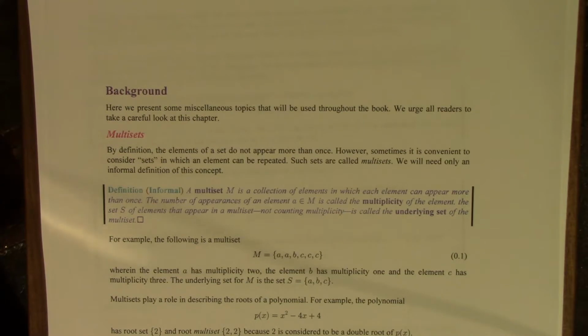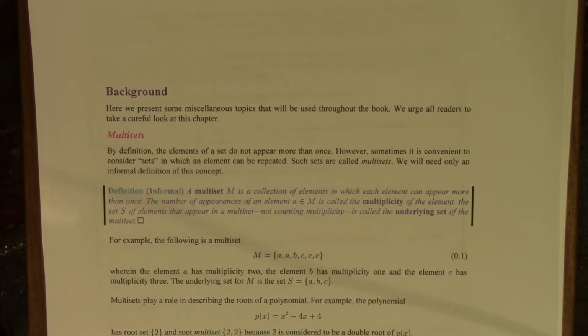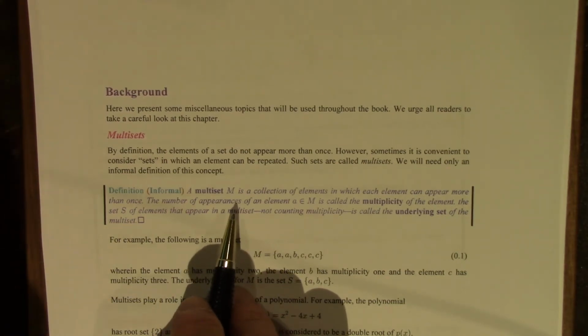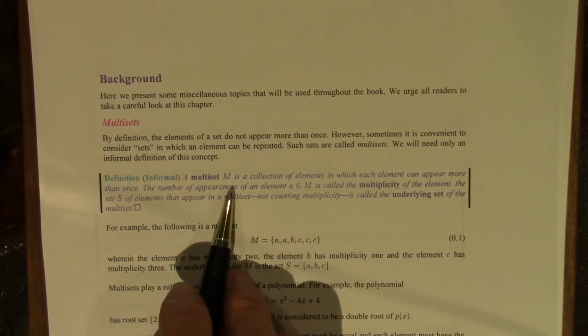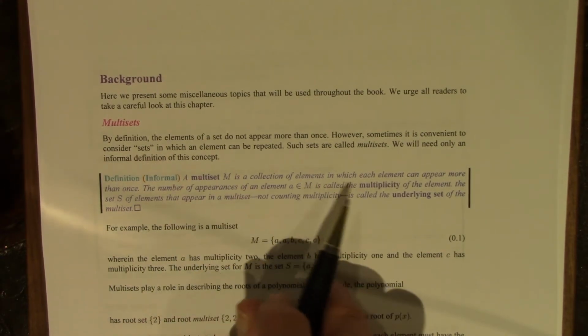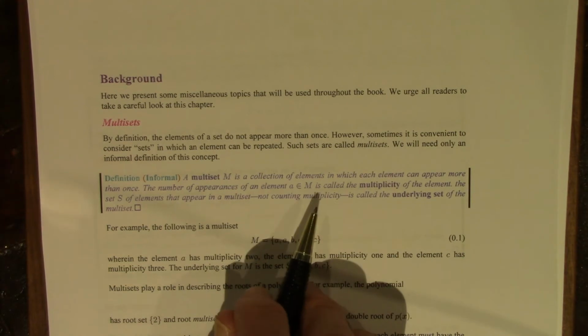The concept of a multiset is very useful at times, but doesn't seem to get much attention, which I think is a shame. We will need only a more or less informal definition of a multiset. A multiset M is a collection of elements in which each element can appear more than once.